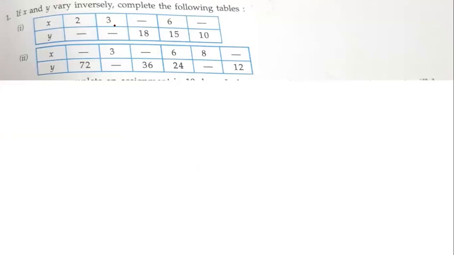Let us see the questions related to inverse variation. If you want to understand more about inverse variation, you can have a look at the previous video. Here, the product should be constant. x and y are two variables, so they are inversely related to each other.